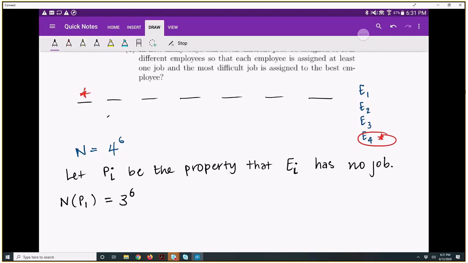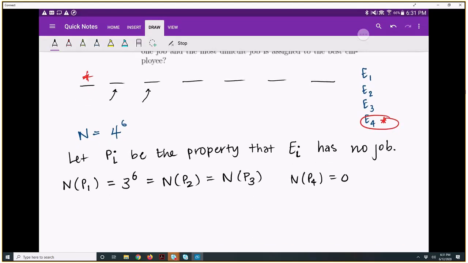I'm assigning this job, I have 3 employees to choose from. I'm assigning this job, I have 3 employees to choose from, and so on. So it becomes 3 times 3 times 3 times 3 times 3 times 3. And this is also going to be N of P2 and N of P3. Now, N of P4 is 0 because, as we already noted, we gave employee 4 a job because he was our best employee.